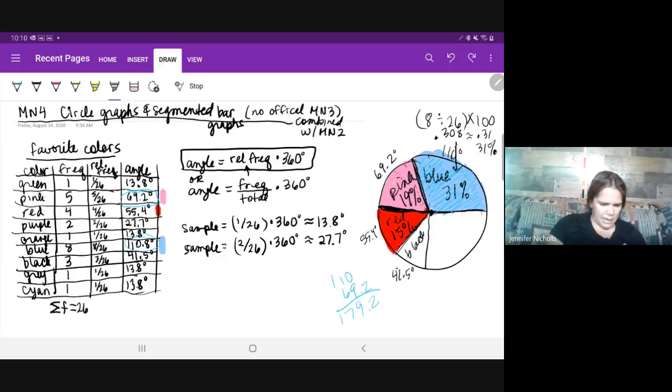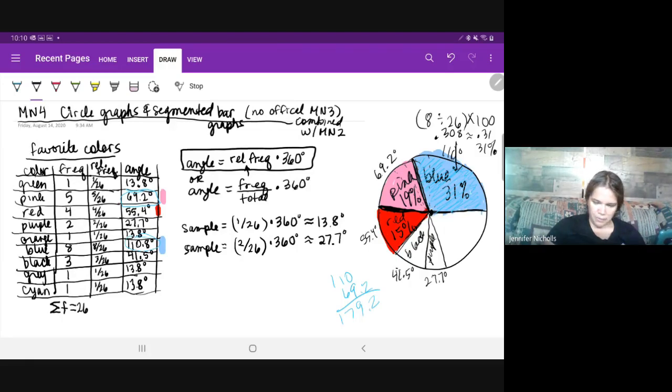Okay, what's the next one? 27.7. So that's going to be even smaller. 27.7 degrees. And then I have to fit 4 more in there? So this is purple. And then I have to fit 4 more in this little section, right?